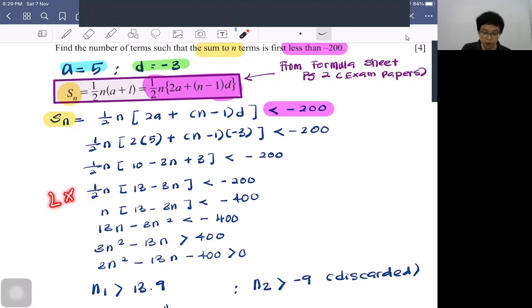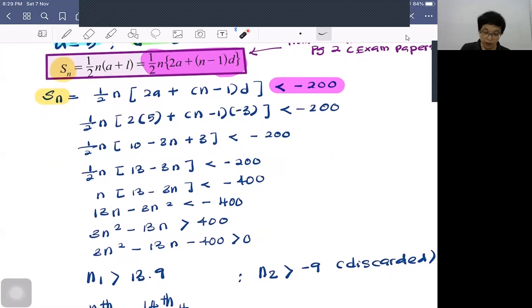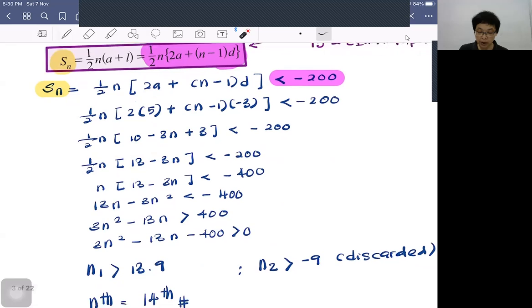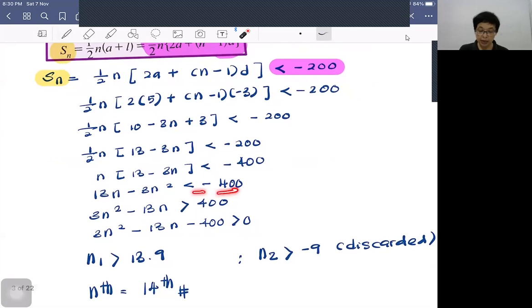So I multiply 2 across, then the fraction becomes 1, and the minus 200 now becomes minus 400. Then we can expand the bracket.